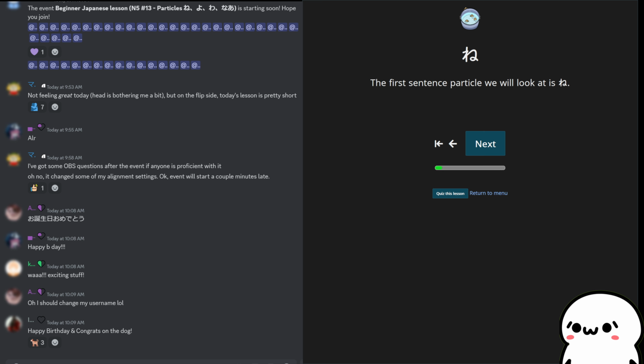And before we talk about this anymore, some of you that have been listening to the events for a long time have heard me mention this, but it's so important that I'm going to spend a couple minutes talking about it again. And that is with particles. Particles are not words.